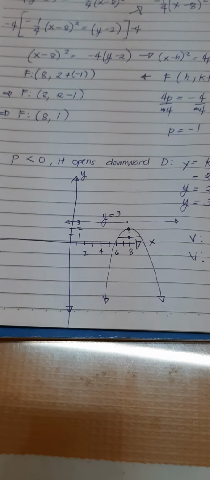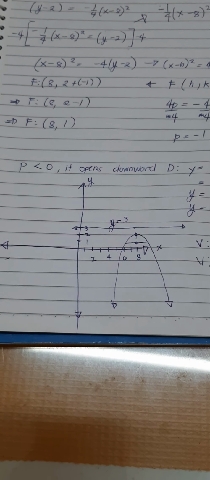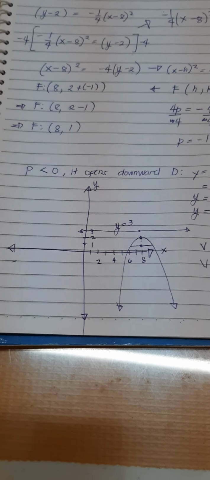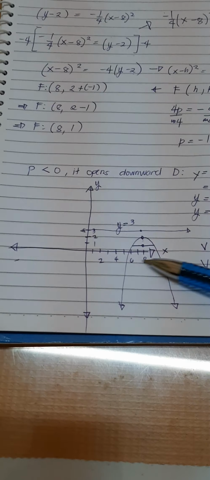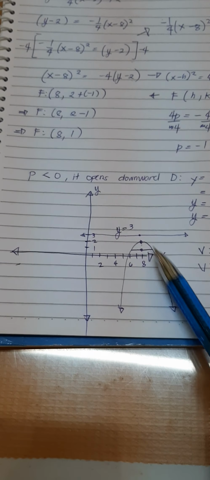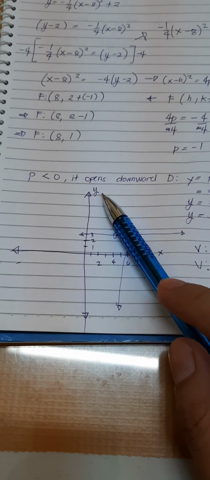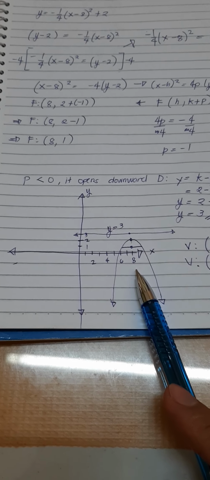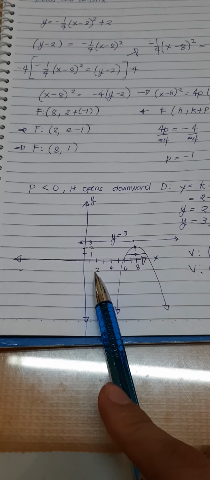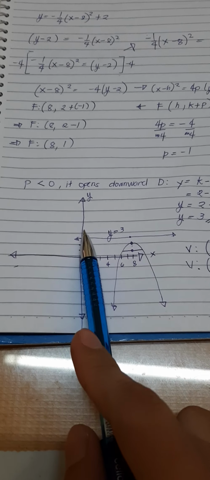So for the graph of the parabola and the directrix and its focus, we have it here. First, you have to draw the Cartesian coordinate system with x-axis and y-axis, and also label your graph with the needed data we have here for the values of x and for the values of y.